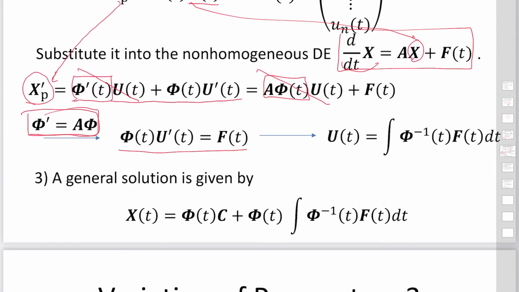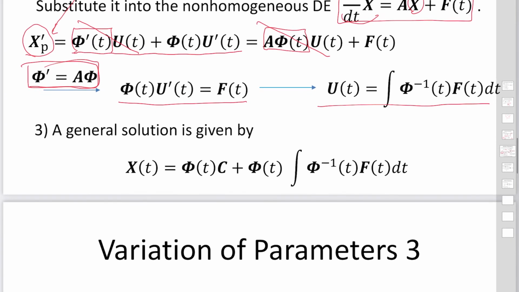Then you can multiply by the inverse of phi on both sides of the equation and integrate to find the expression of u. So the general solution is the sum of the complementary function and the particular solution. The first term is the complementary function, and the second term is the particular solution. So using variation of parameters, we can find the particular solution.